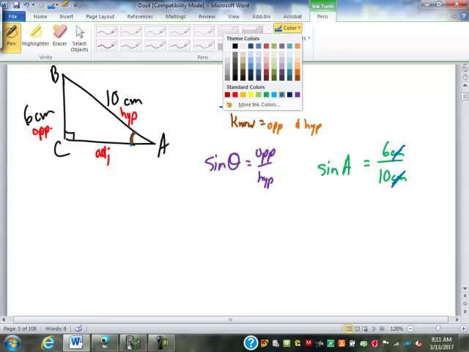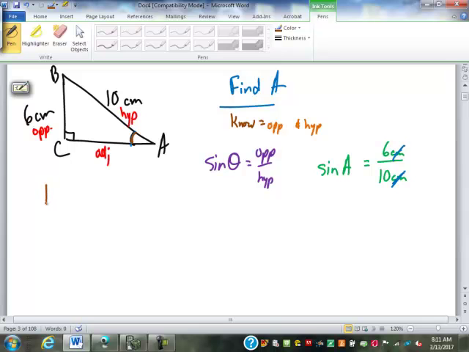And now this is different from what I've done before. In both examples I did up above, I was looking for a missing side. Here I am looking for a missing angle. When I'm looking for a missing angle, I am going to do an inverse trig function.